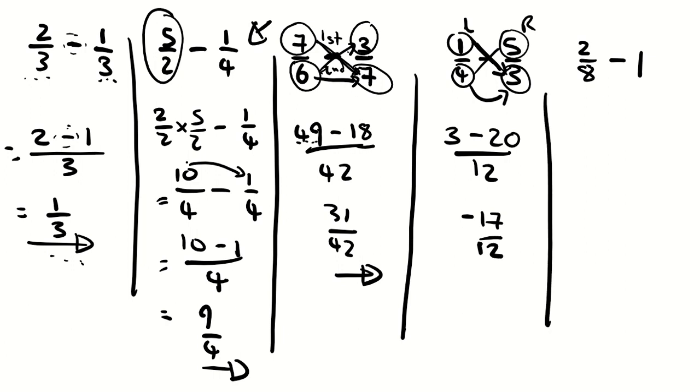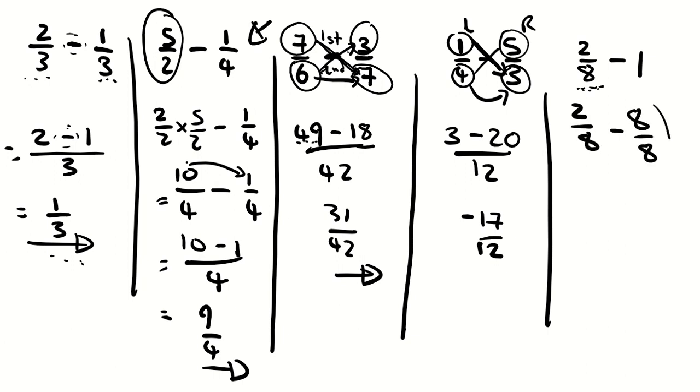Now let's go to the last one. We have 2 over 8 minus 1. When you have a whole number, it's pretty simple because you can just change this number depending on what number you have here at the denominator of 2. So what you're going to have here is something that looks like this.